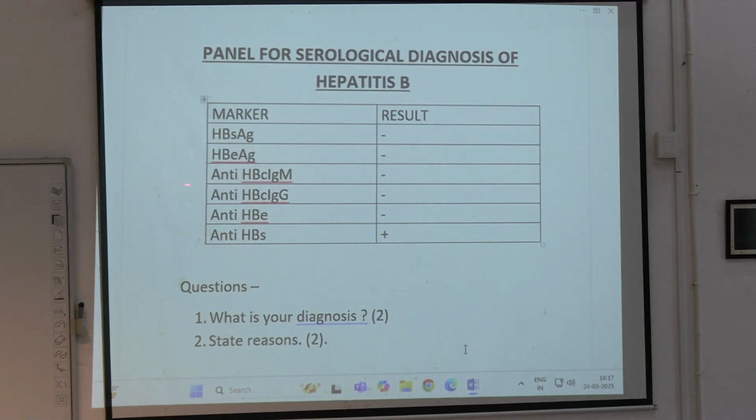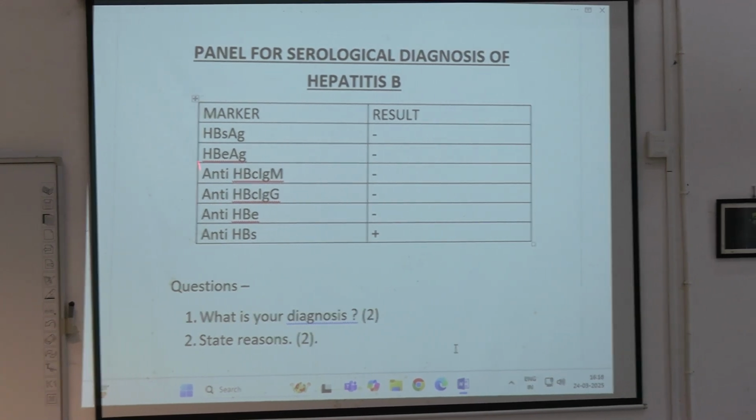Is this a case of active infection or acute infection or chronic infection or carrier or high immune status of the carrier? What is your diagnosis? Immune. So this is not a case of active infection. This denotes a past hepatitis B infection and the patient is having immunity against hepatitis B antigen.